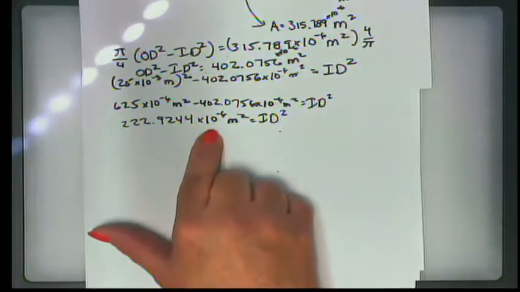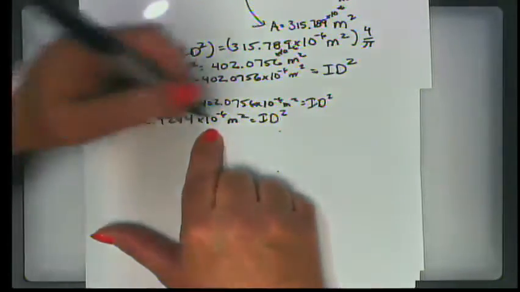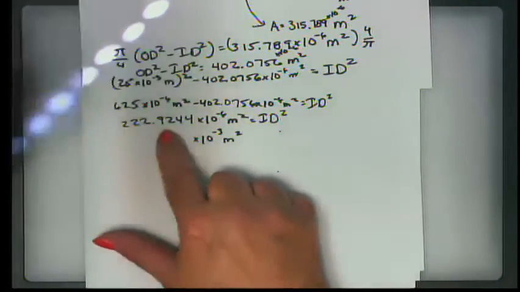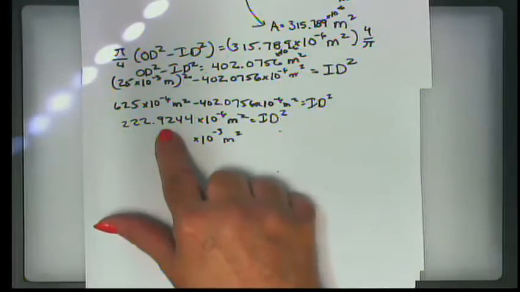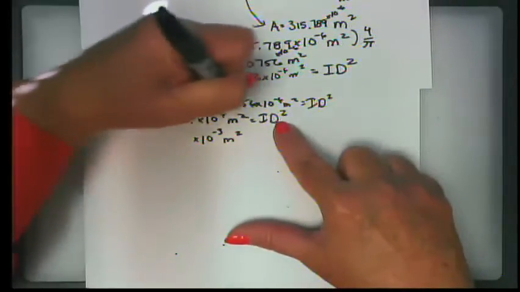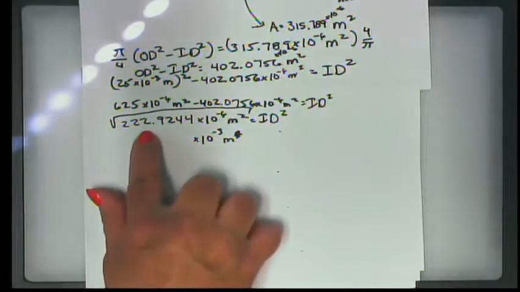So I need to take the square root of this. Oh, I'm sorry. This is squared, and so when I take the square root, that just becomes meters, doesn't it? So I take this number, and I want the square root of that value.